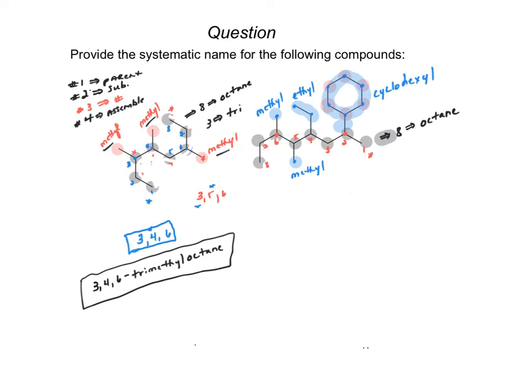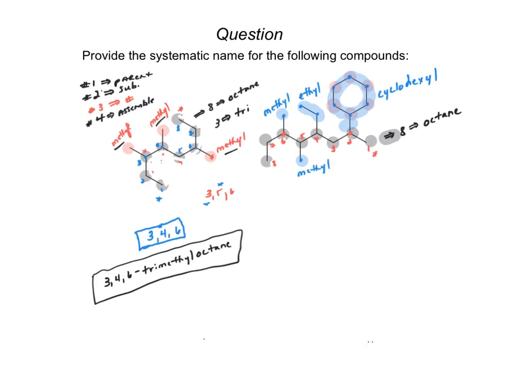Okay, so now we have a couple options here. We've got a dimethyl, because we have 2 methyls. We've got 1 ethyl, and then we've got a cyclohexyl as our substituent. So again, I had just mentioned that we don't use tert, we don't use sec, and we don't use the prefixes di, tri, etc. to alphabetize.